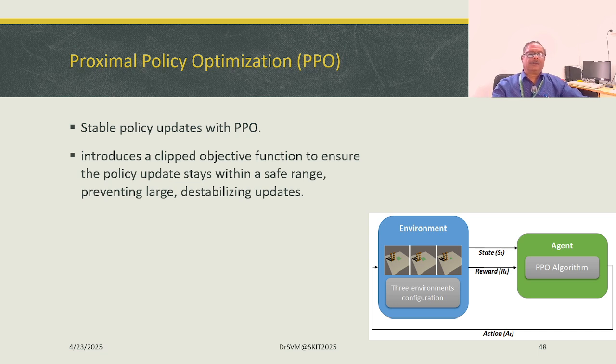It will prevent a sudden rise, so that the updates do not become destabilized. Now, whenever we have an objective function, which is a mathematical function, we can come across a problem in computation.